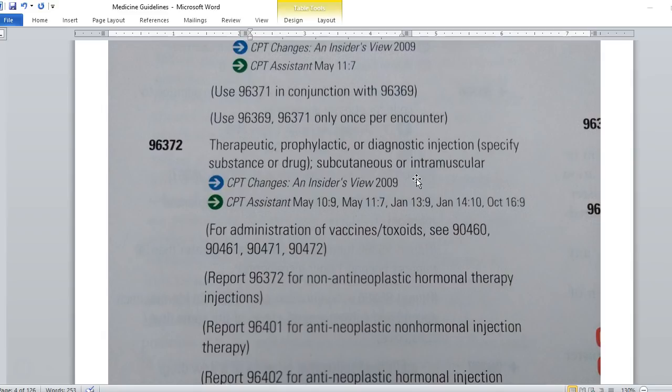But again, this is not clear when we're looking at the guidelines. So this is the most common code. We're going to use this code for anything that's a subcutaneous or intramuscular injection: B12 shots, depot shots, and also most of these immunoglobulins and serum recombinant products.